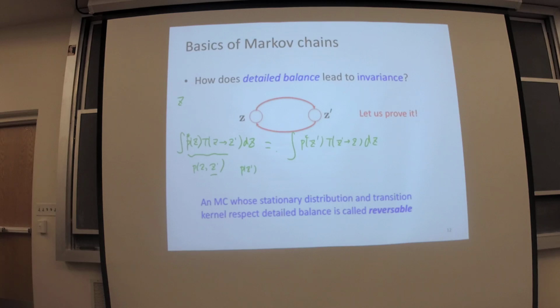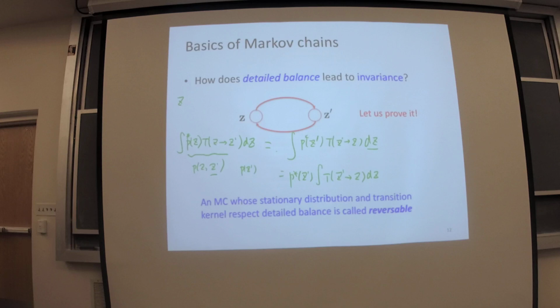First, z prime is constant, because in this integration I'm just integrating over z. So I can move p star of z prime outside. Then the integral has the transition kernel from z prime to z.